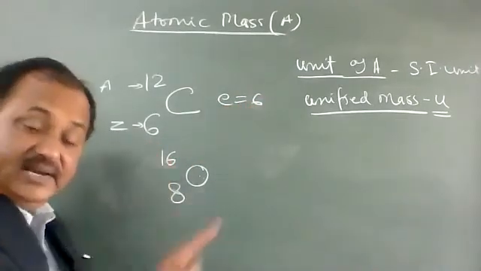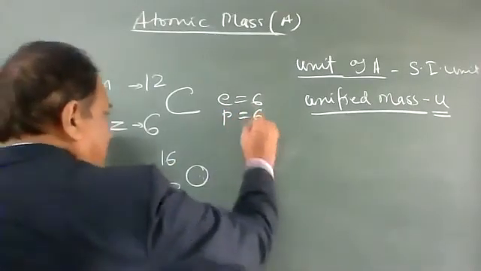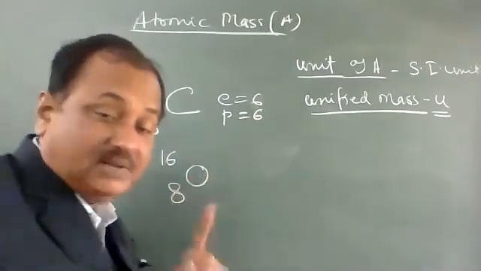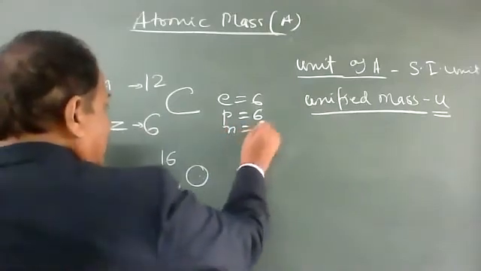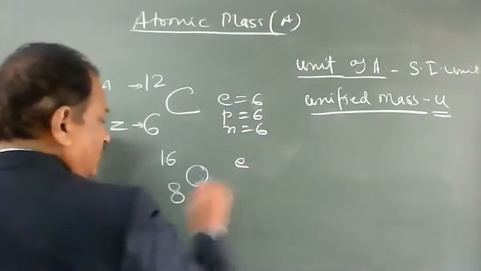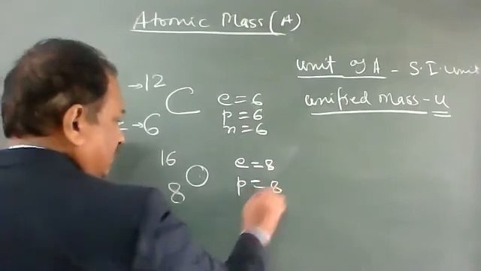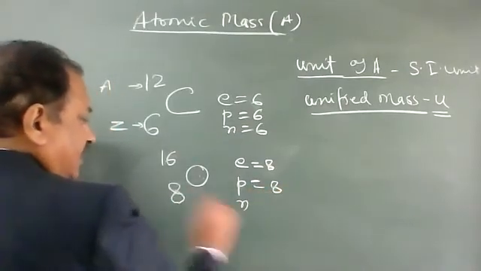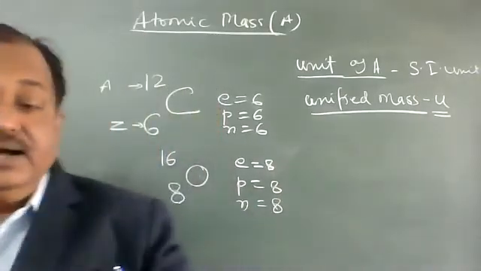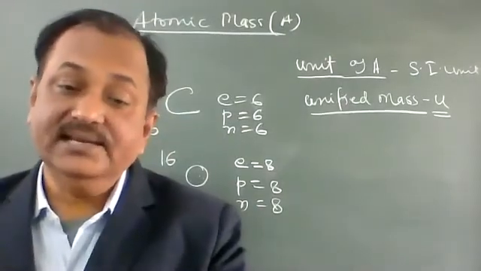Protons and electrons are always the same, so protons are also equal to 6. And 12 minus 6, if you want to calculate the number of neutrons, so neutrons are equal to 6. In the oxygen case also, electrons will be 8, protons will be 8, and neutrons: 16 minus 8 comes to 8. So this is the way we find the number of electrons, protons, and neutrons in an atom.